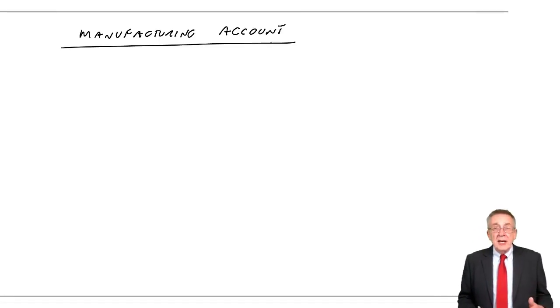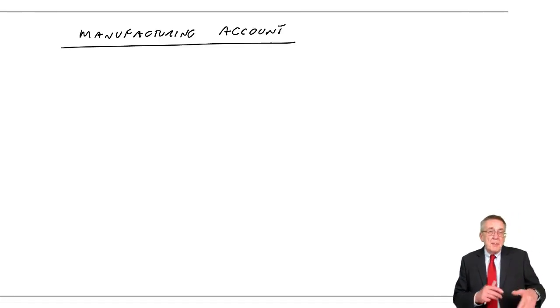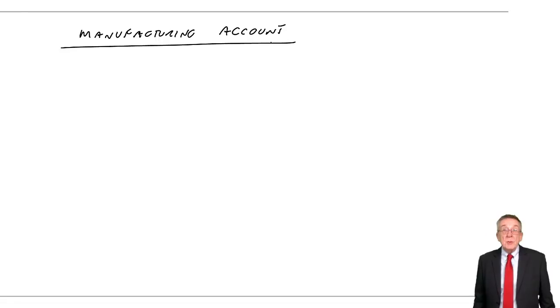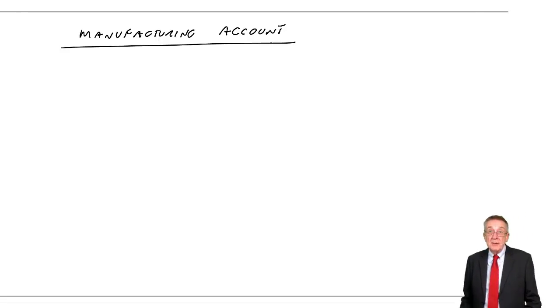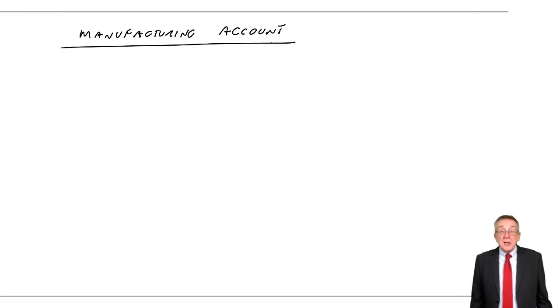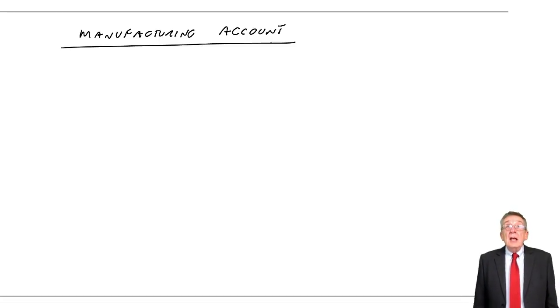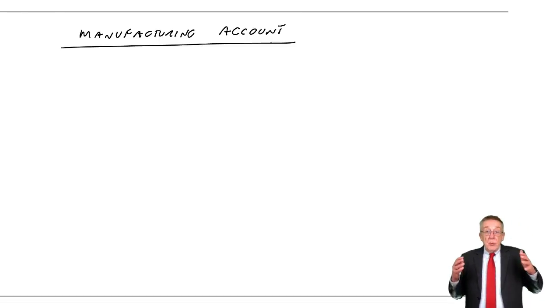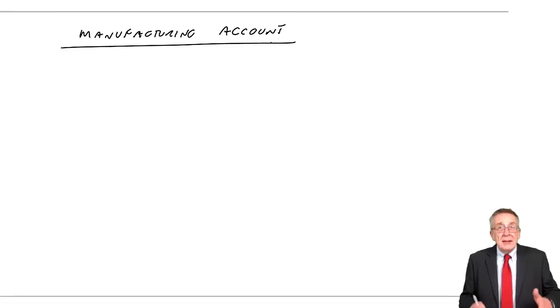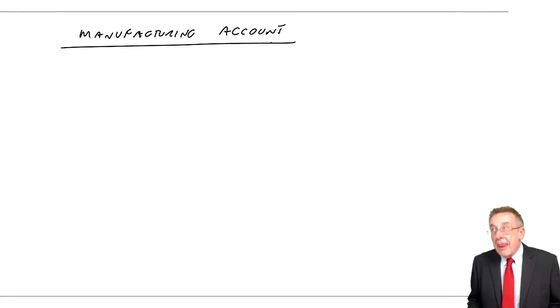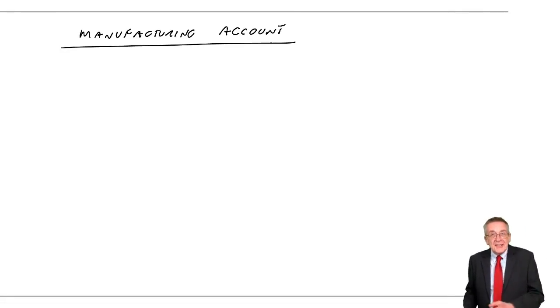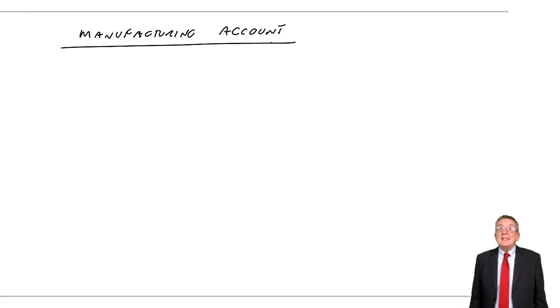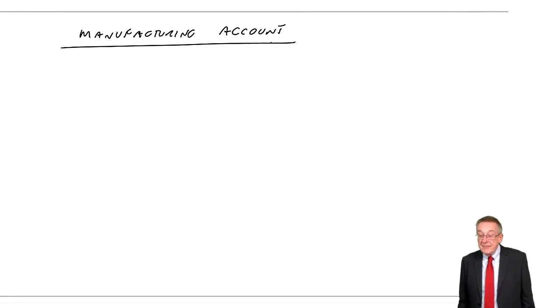At the beginning of the year there were some items which were only part finished, and this period we spent more and finished them. But also at the end of this period there were some items where we haven't finished them, so part of our costs was in starting the items at the end, but they weren't actually finished.